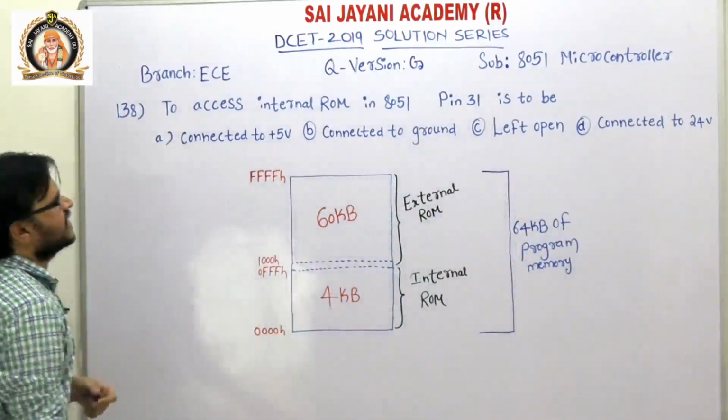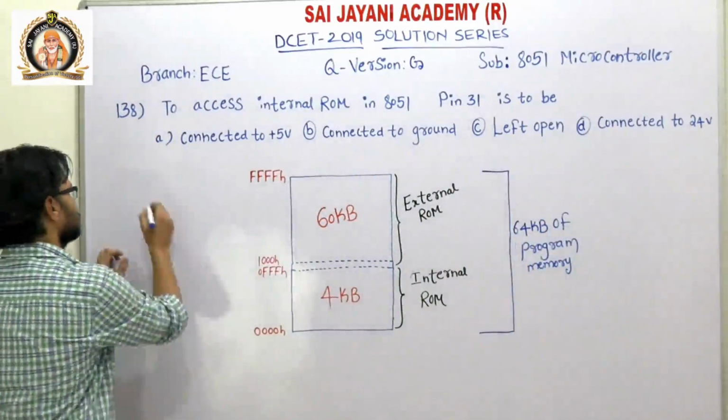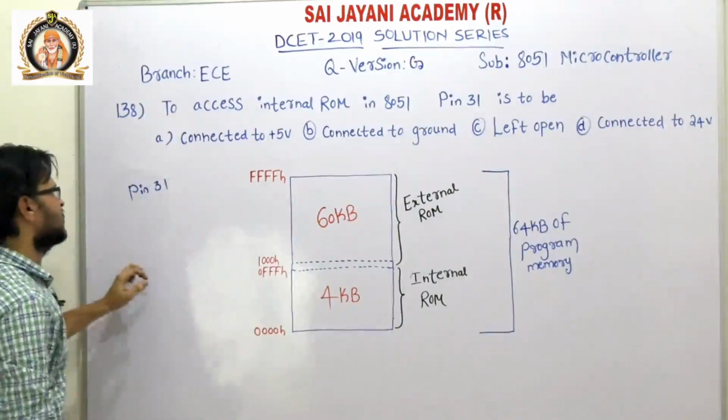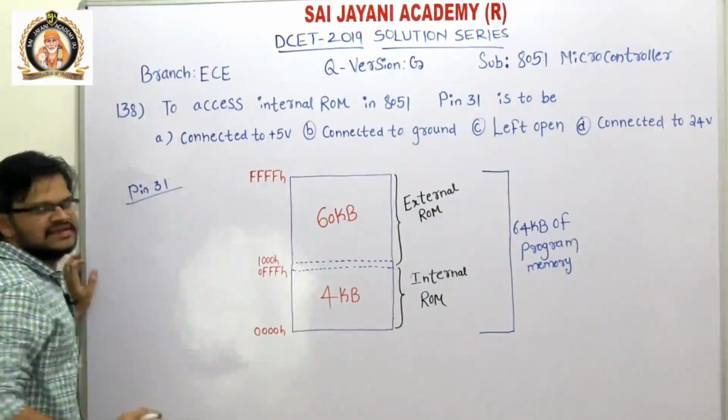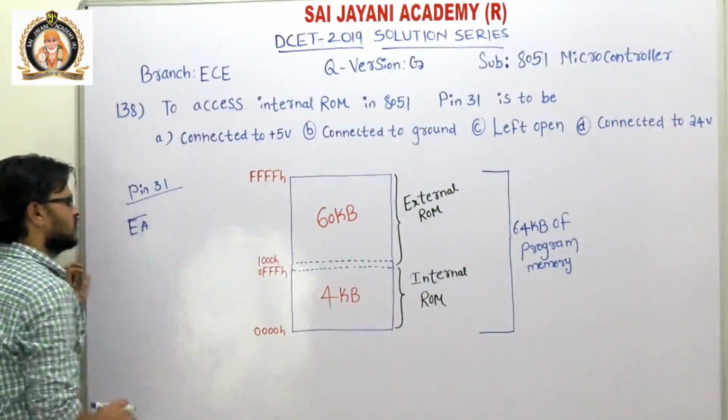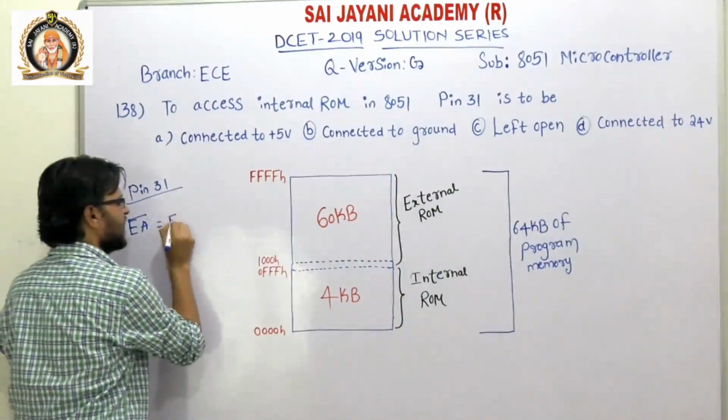In the 8051 microcontroller, pin number 31 is also called the EA bar pin, that means external access pin.